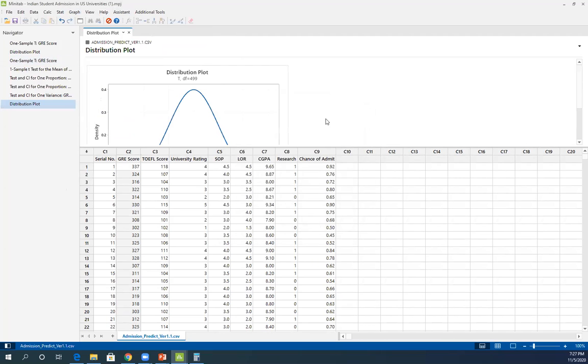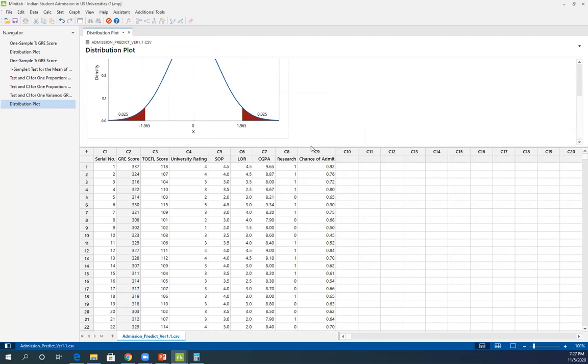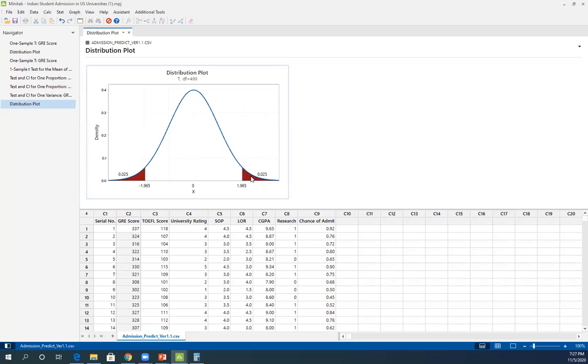We were checking with 5%. So minus 1.96 and plus. So this is the ideal situation. Our calculated value has to be within this range. 2.5% here, 2.5% here.